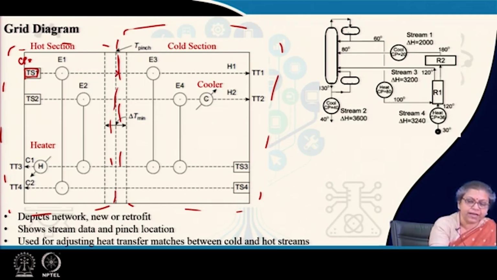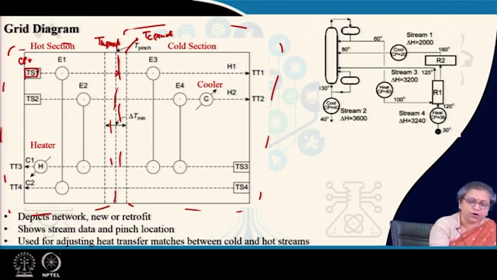Generally, for the hot case we extend till the hot pinch temperature, and for the cold case we extend till the cold pinch temperature. So, the pinch temperature will be written down here, and the start temperature will be written down here. This we do for all the hot streams.